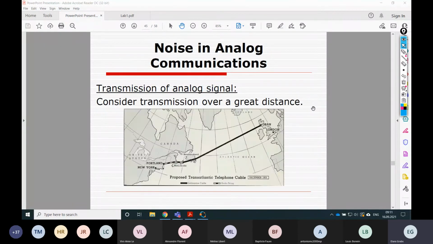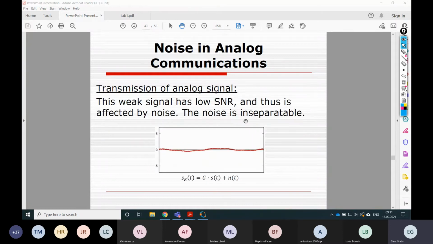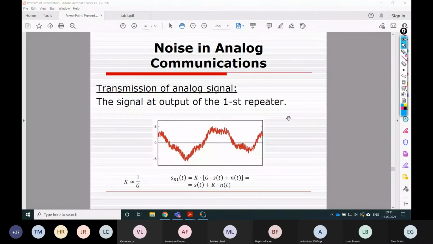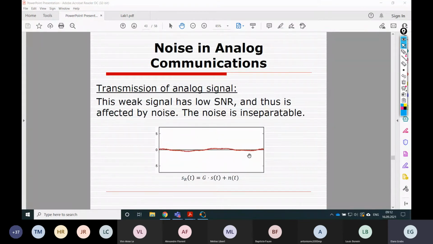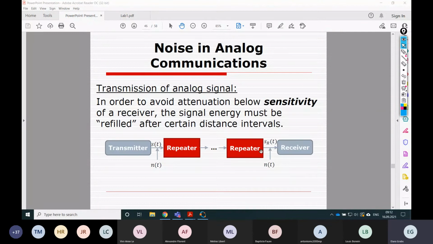We already discussed what happens after the first transmission. Let's consider that we have one repeater somewhere here at the bottom of the ocean, and it produced such a signal. It received a weak and noisy signal, which was shown here, amplified it, and now this signal is being sent further.